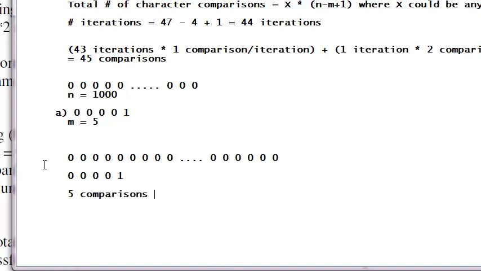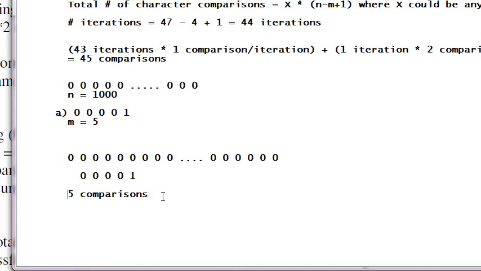And then what we do, we then move this pattern to this position. So we compare now this 0 with 0, this 0 with this 0, and so on. So we do another 5 comparisons.